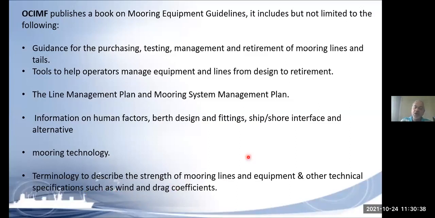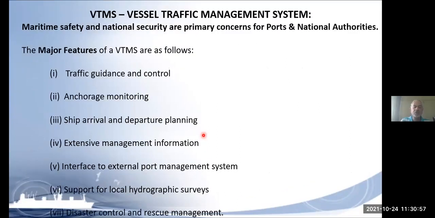So they give all the safety guidelines as to how the mooring of the ship will be done. OCIMF publishes the mooring equipment guidelines, and the design of the ship, design of the port, construction of the jetties, all such things are given in the OCIMF guidelines.